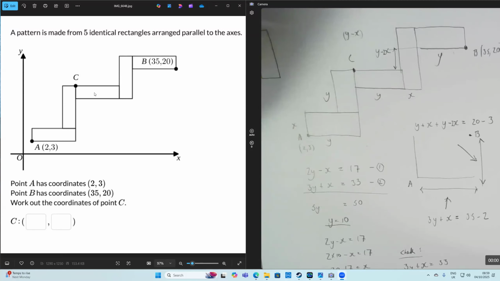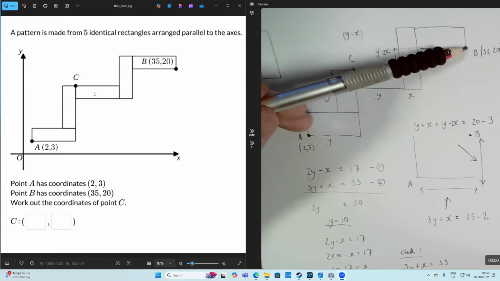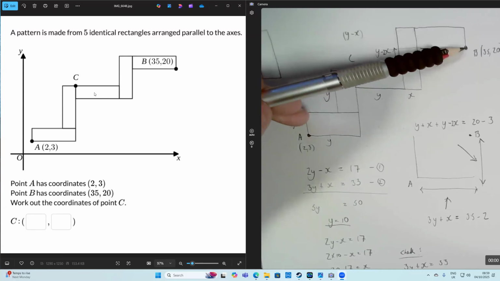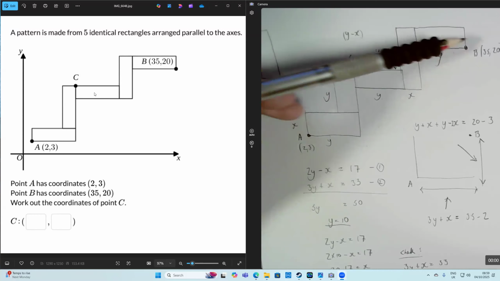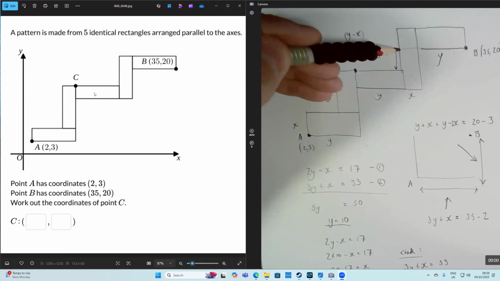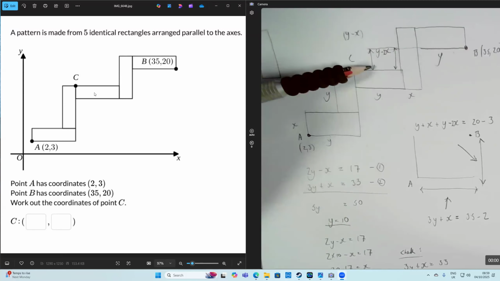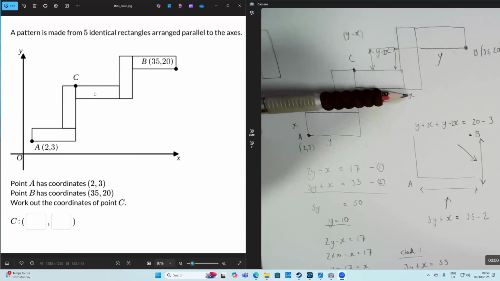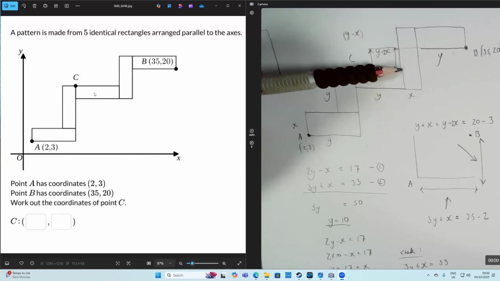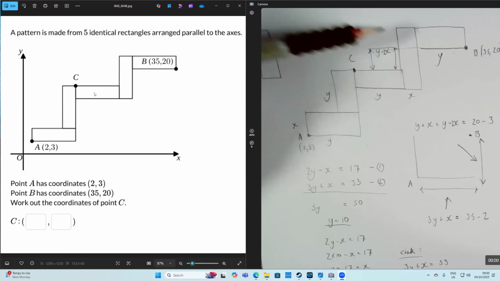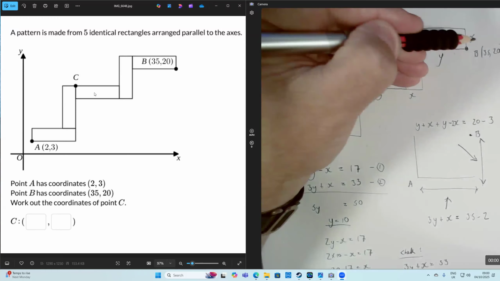But then I realized that the coordinate of the point B isn't at the top here, it's actually down here, so that's another x. We're just after this little gap here, up to where the y coordinate of B is. That distance is y take away 2x, because we've got a full y there, with 1x subtracted from it, and another x subtracted because that's x over there as well.